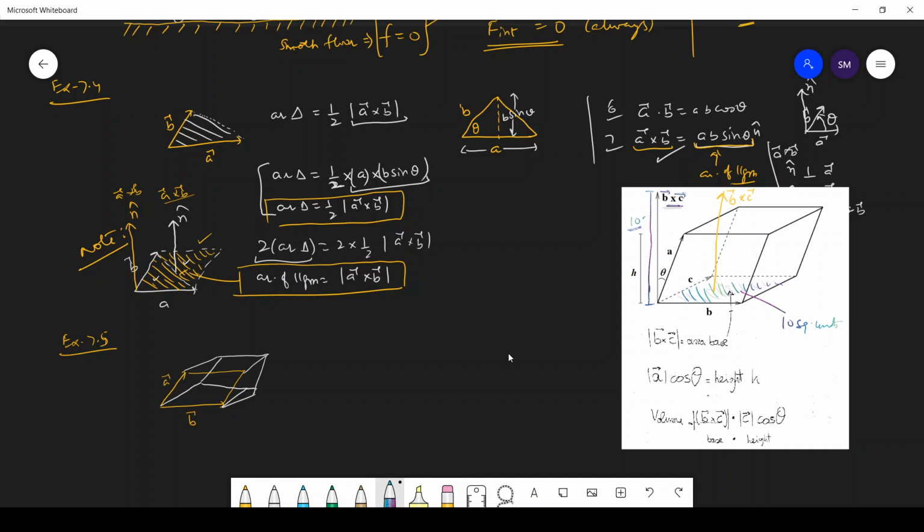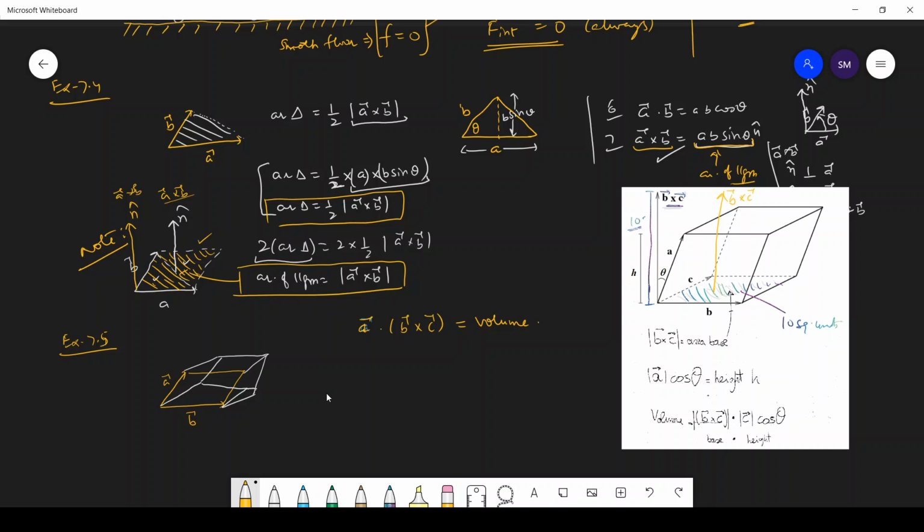So what do we need to find here? We have to show that A dot B cross C is equal in magnitude to the volume of the parallelepiped formed by these three vectors. So we have to find this, and that equals the volume of the parallelepiped.